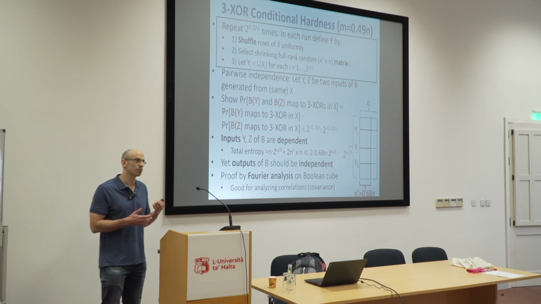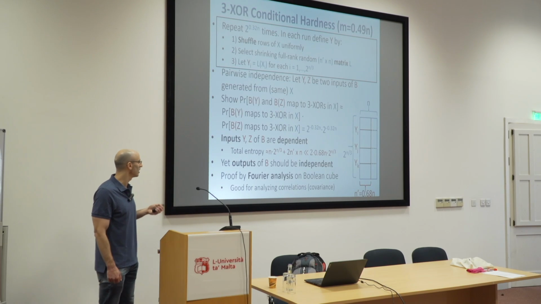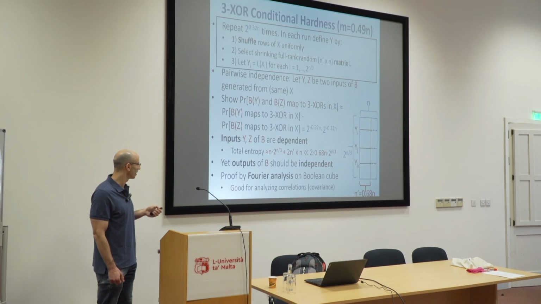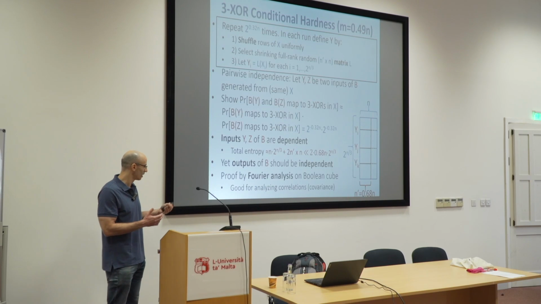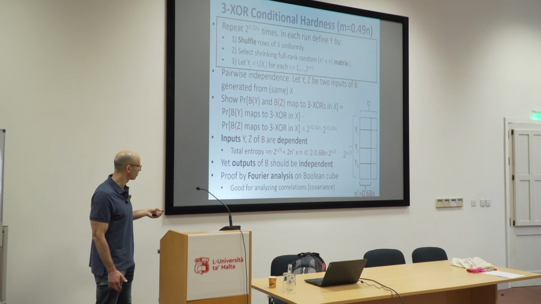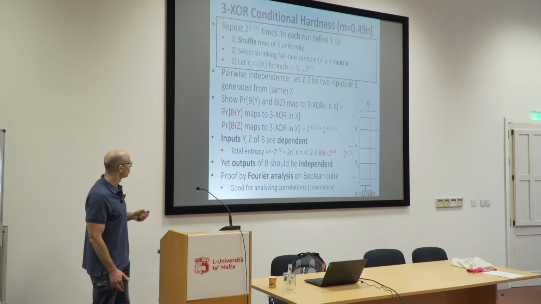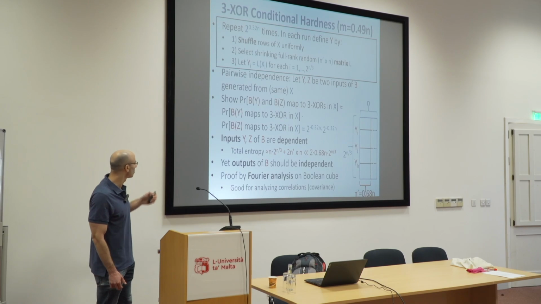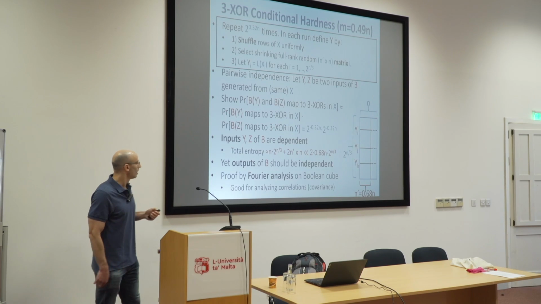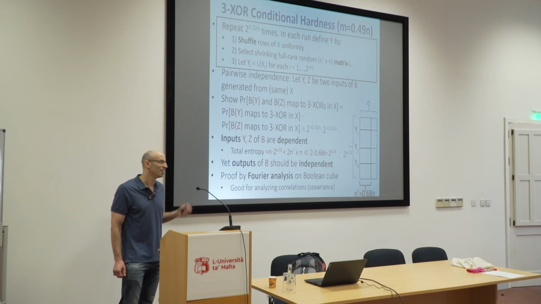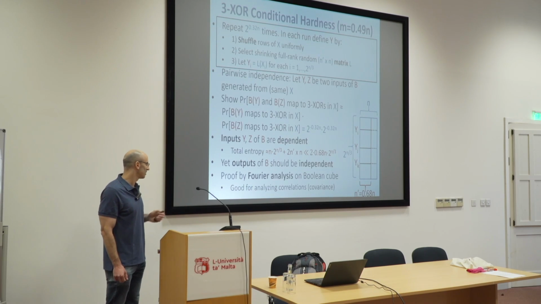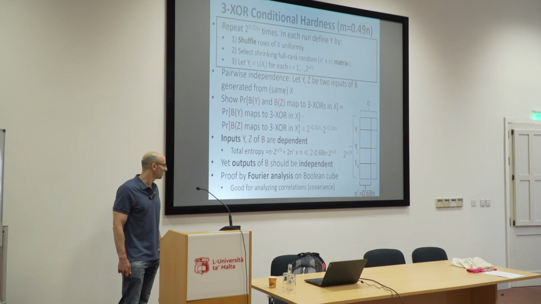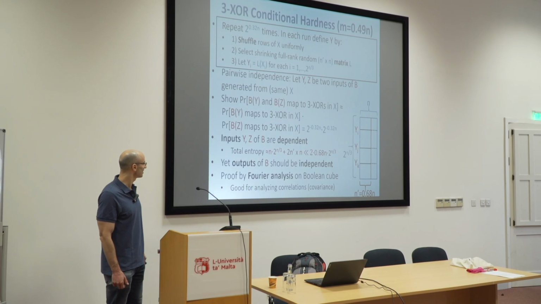And then you can do some Fourier analysis, and basically by Plancherel's theorem, a standard theorem used in this domain, you can transfer the problem of computing the covariance of this function to a problem of bounding some Fourier coefficients of this modified mapping B prime. And that's the very, very high level intuition. But like I said, I don't have time to do this. So that finishes this part.